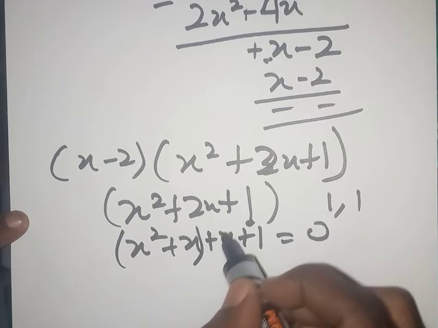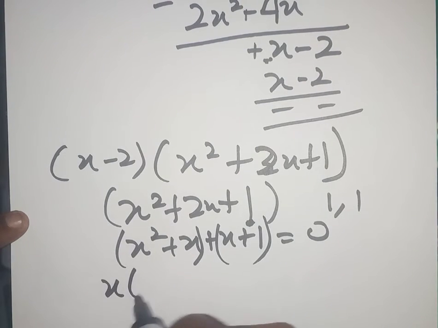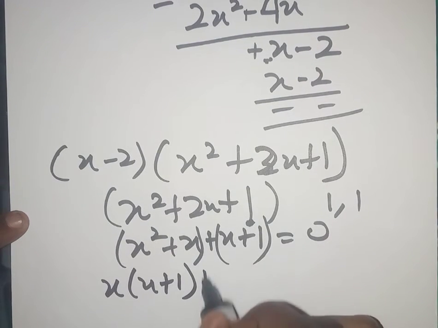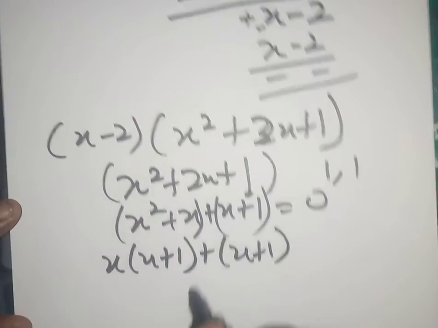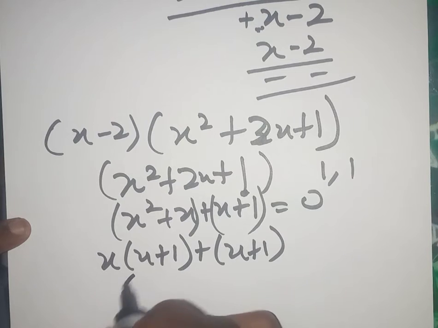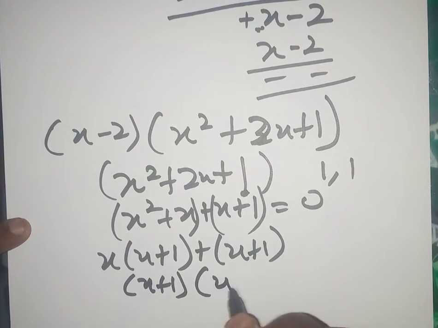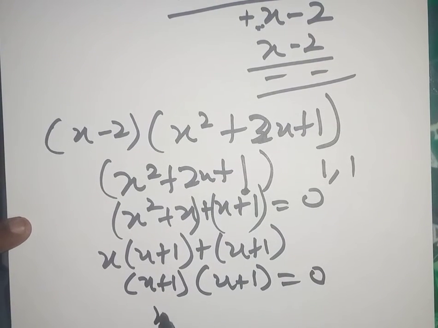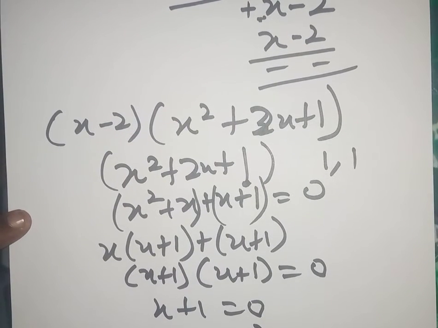Grouping like terms, we just have s plus 1 and then s plus 1, which is equal to 0. So s plus 1 equal to 0, s equal to negative 1 in this case, right?